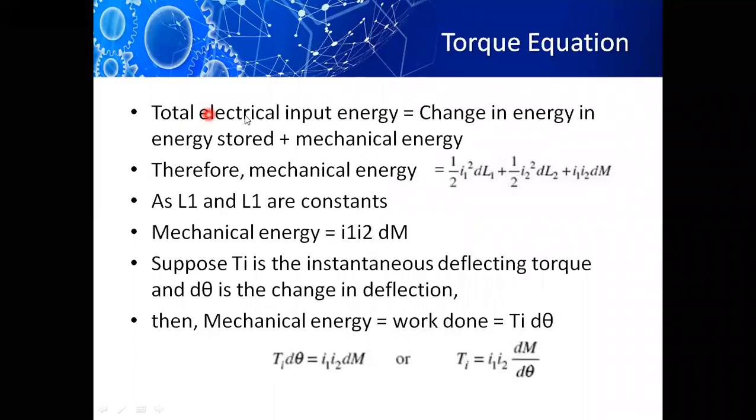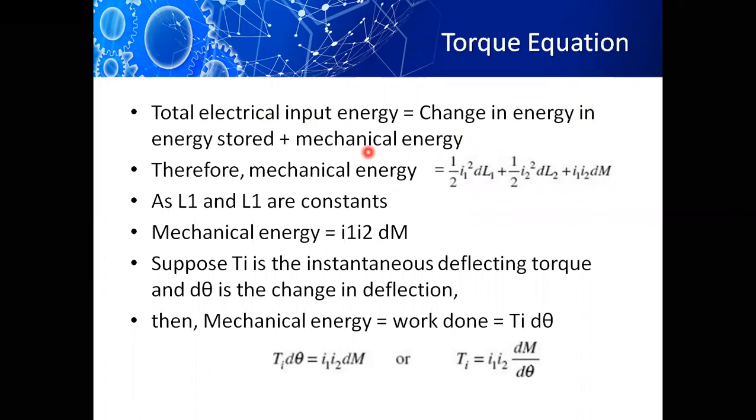Now, total electrical input energy is equal to change in energy stored plus mechanical energy. So when we give electrical input to the system, there is some energy stored and there is some movement in the coil.